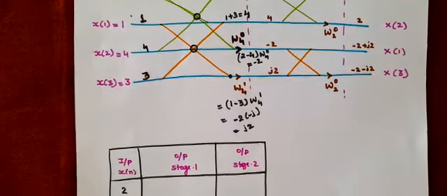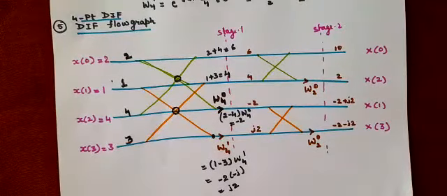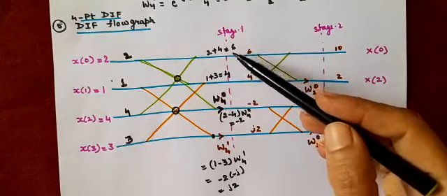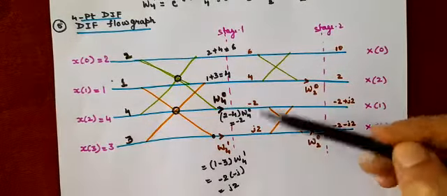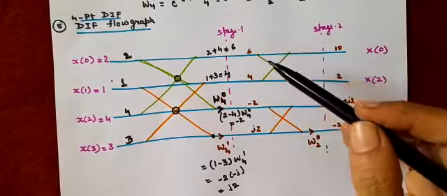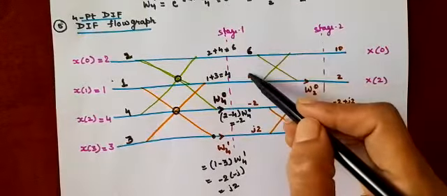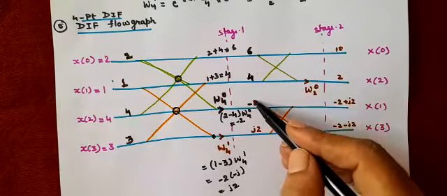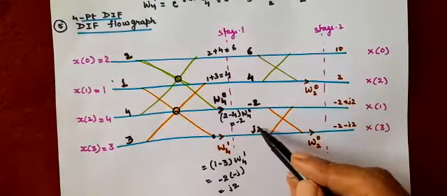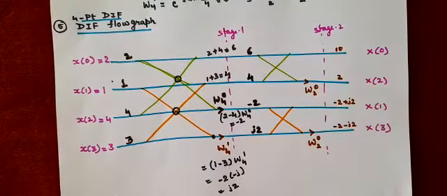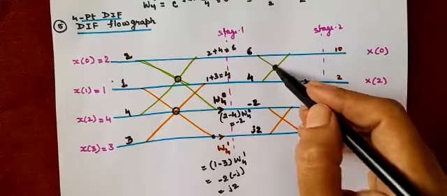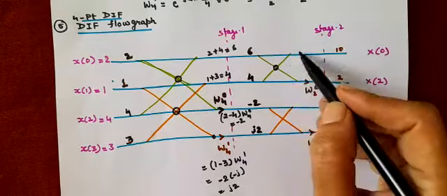So what values did you get? 6, 4, minus 2, j2. Now they will act as inputs to the second stage. Coming to this butterfly, what is our equation?